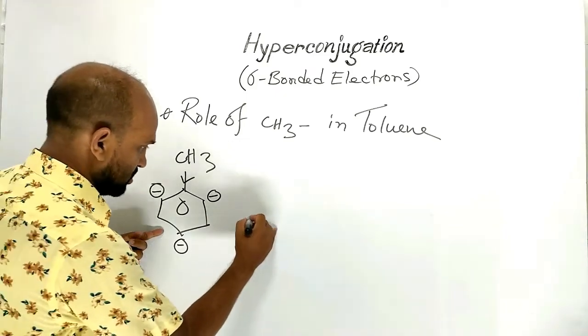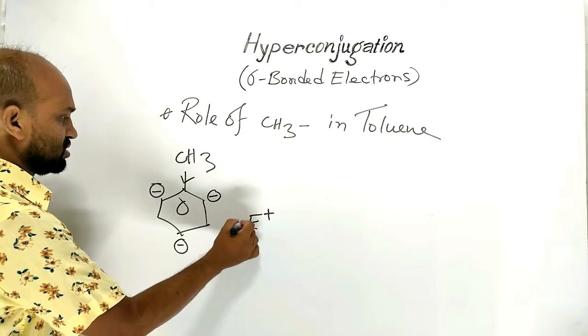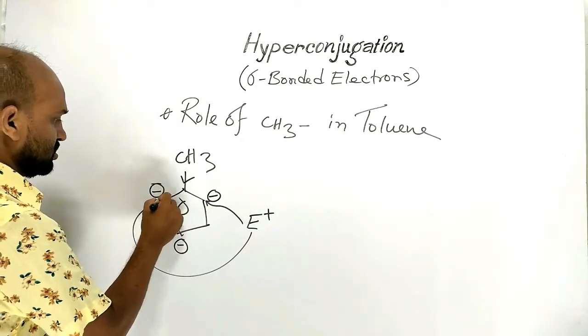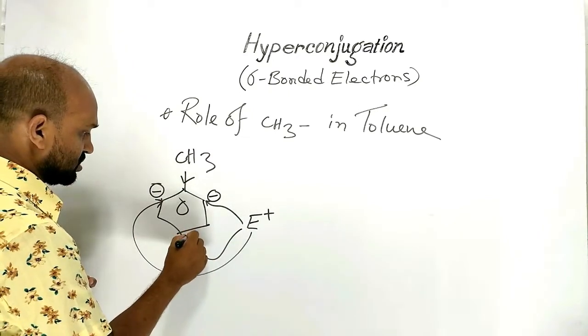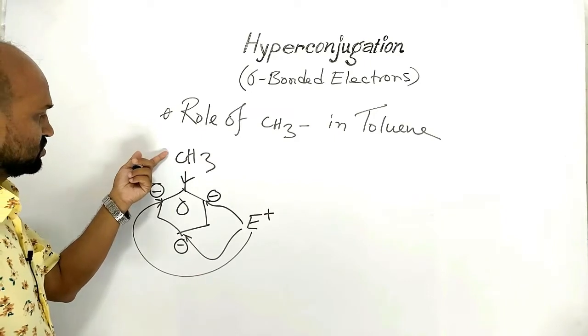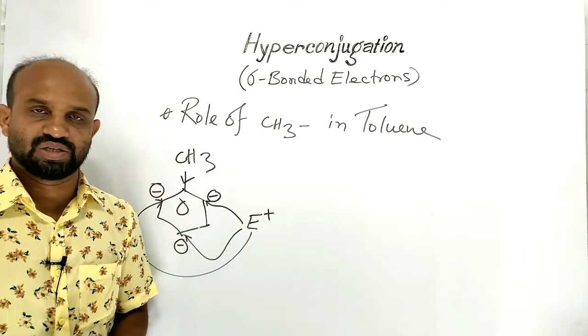As a result, the electrophile gets a chance to attack the ortho position and para position. That is, the methyl group increases electron density in the benzene ring.